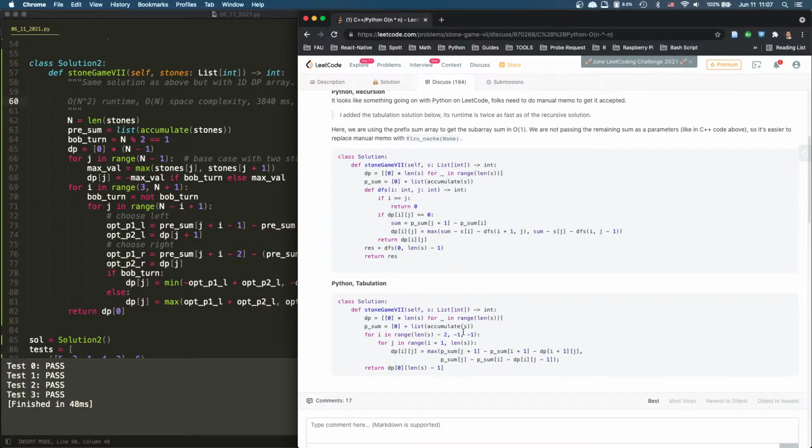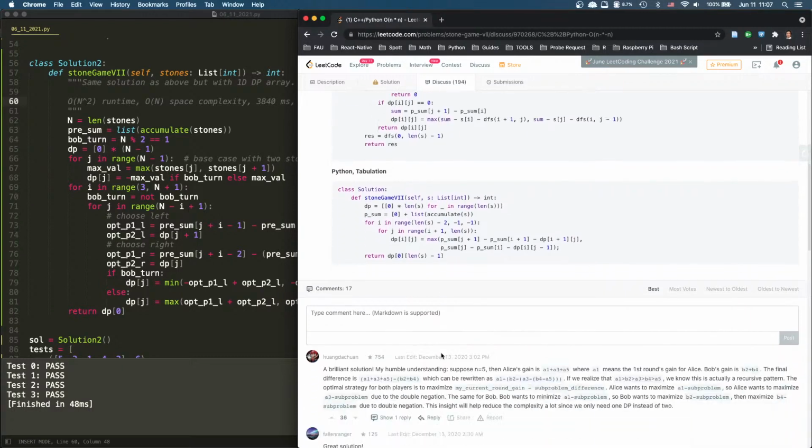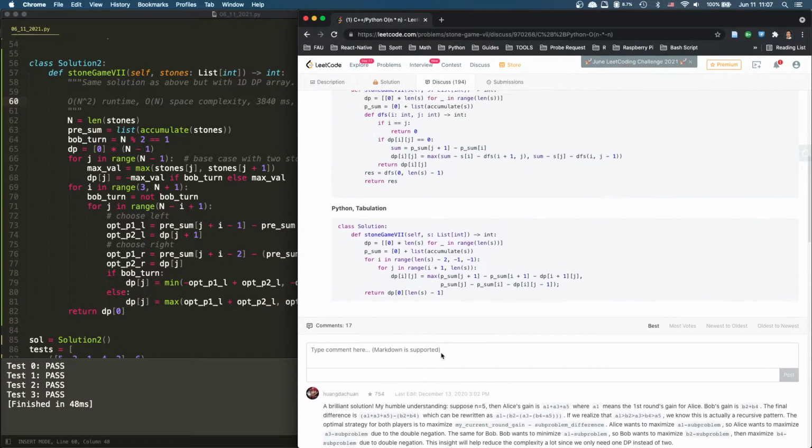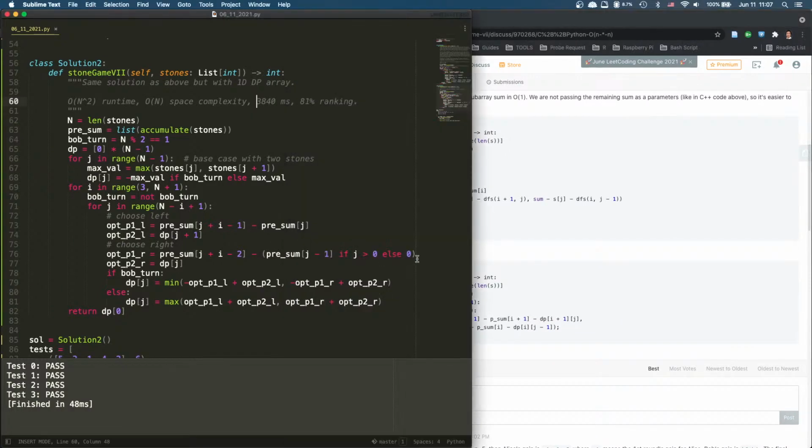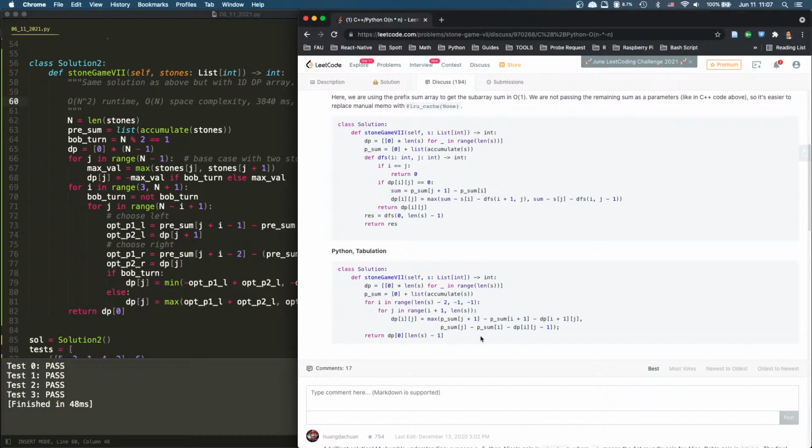But they didn't do that. We just go maximum. Hold up, they didn't choose left. No, that's choose left, right? Yeah. Choose left, choose right, minus dp[i].